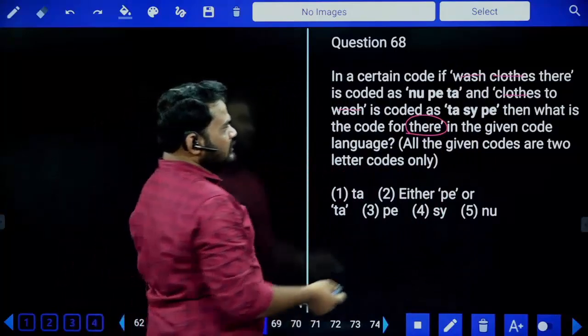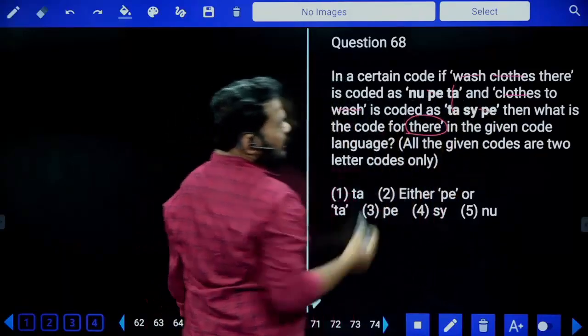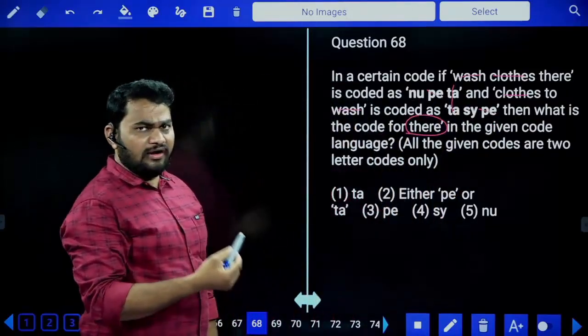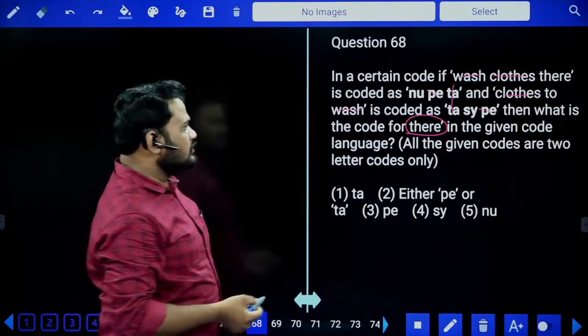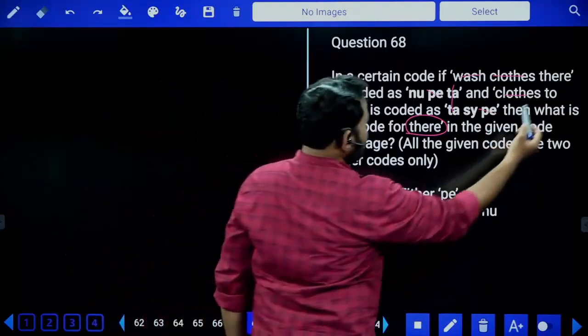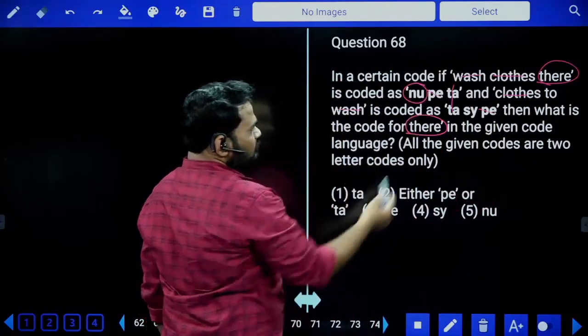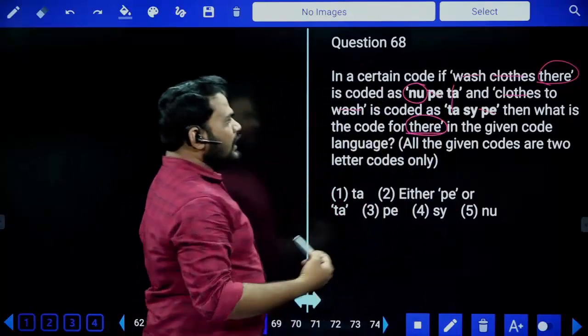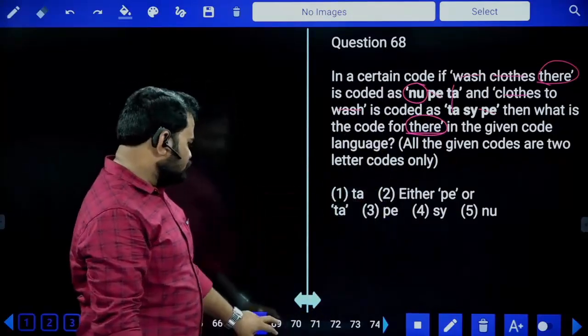TA is common, PE is also common. After elimination of common letters and common words, what remains on the left hand side is there. On the right side we have NU, and we need to decode there only. So there has to be coded as NU, that is option 5.